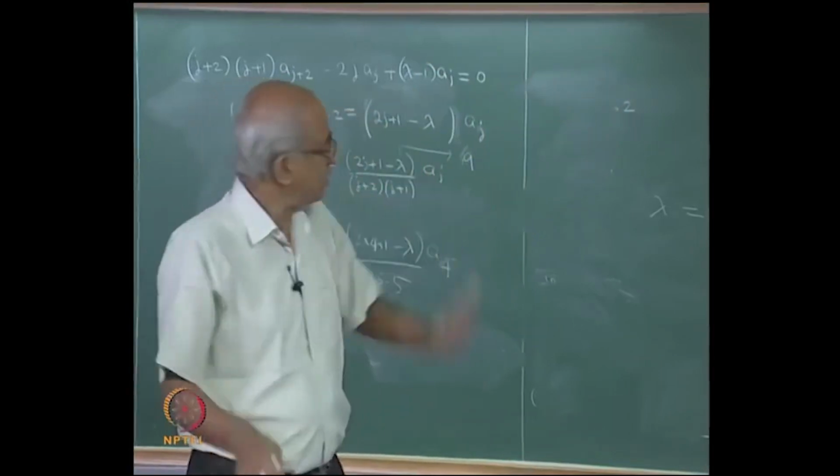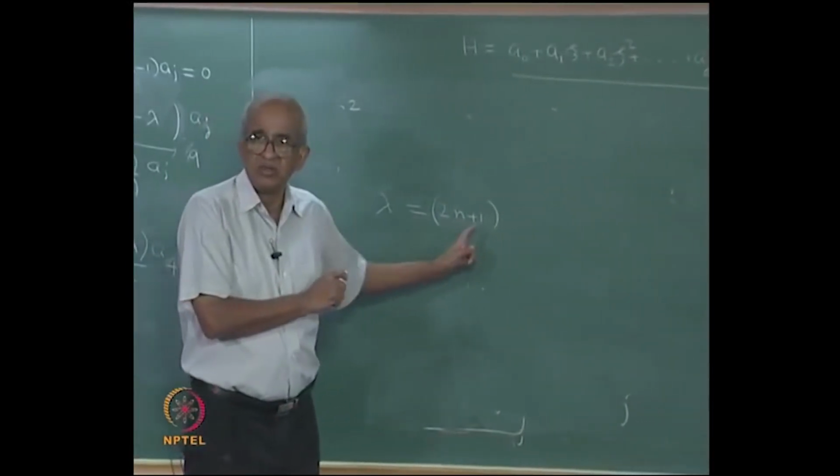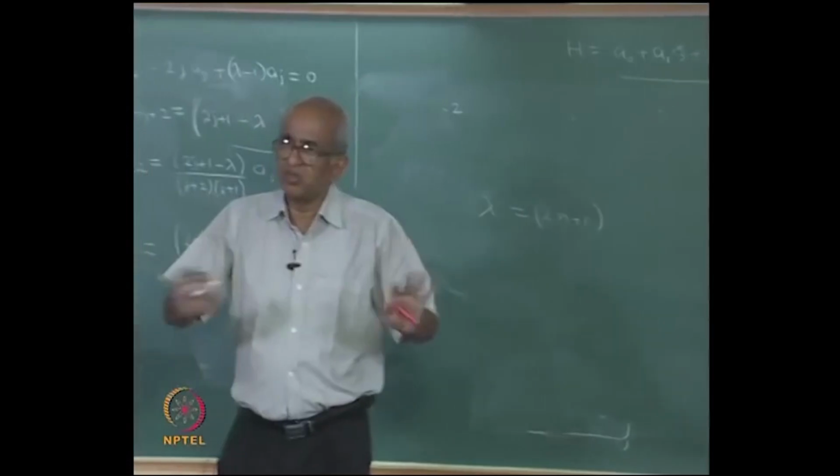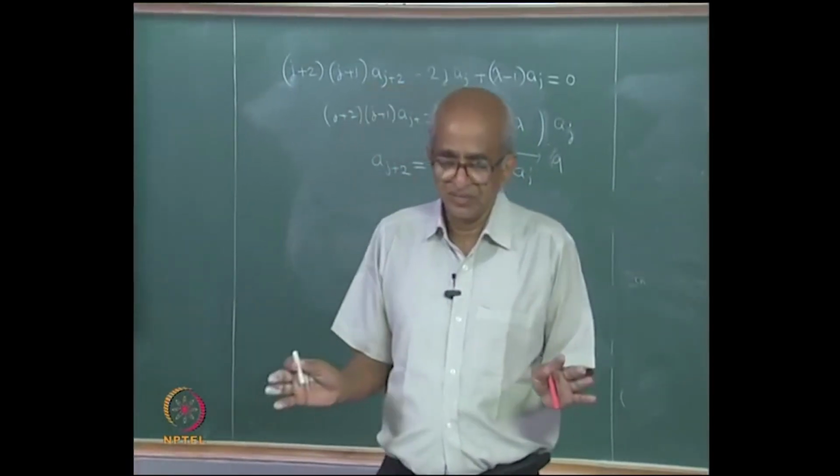So, in order to get acceptable solutions, I should have lambda equal to 2n plus 1. If I have lambda equal to 2n plus 1, guaranteed I can have acceptable solutions.